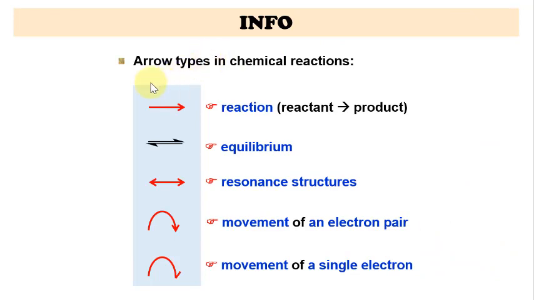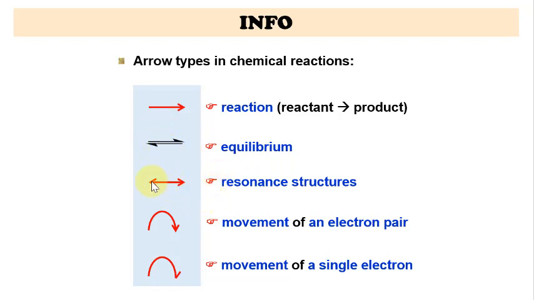Let's take notes on some of the arrow types used in chemical reactions. The first one is the arrow for a one-way reaction, where reactants are converted into product in one direction. This arrow we use for equilibrium, where we have a forward and reverse reaction.